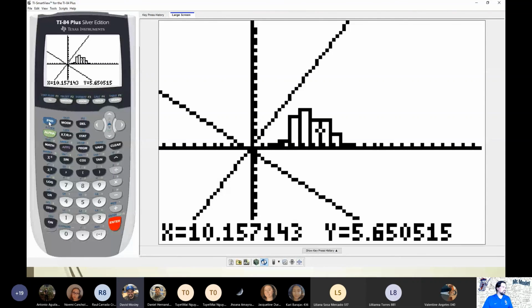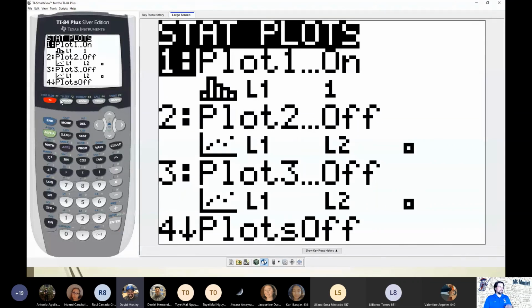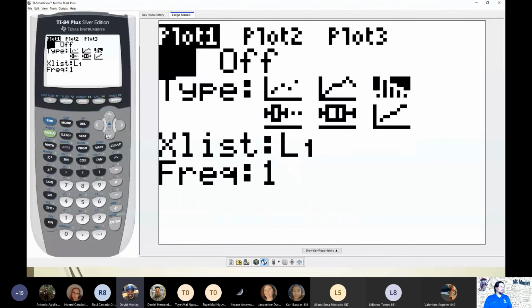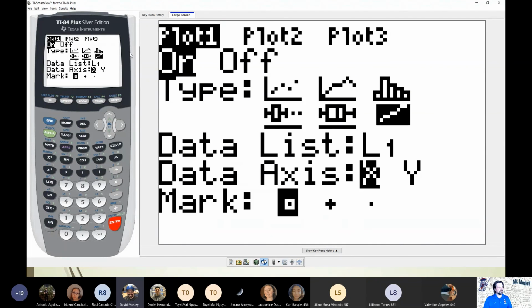Now, we can go into the same stat plot. And the last possible option here is a probability plot. We select that one. Make sure that we're still looking at list one. These other two things, data axis, leave it as X, mark, leave it as it is.